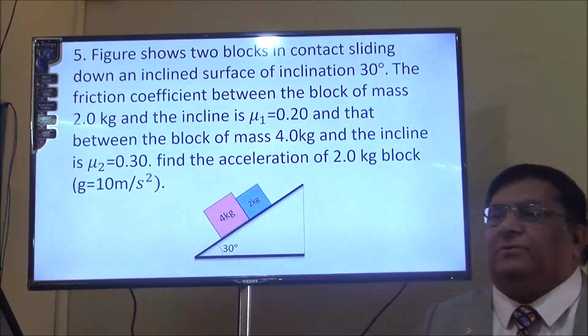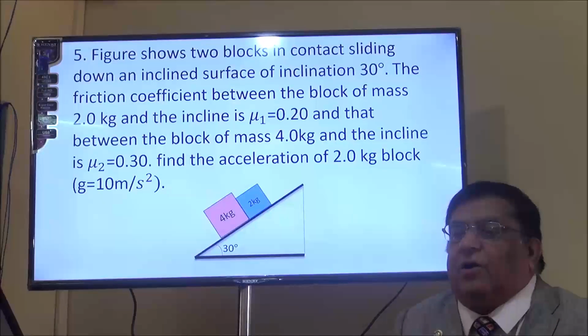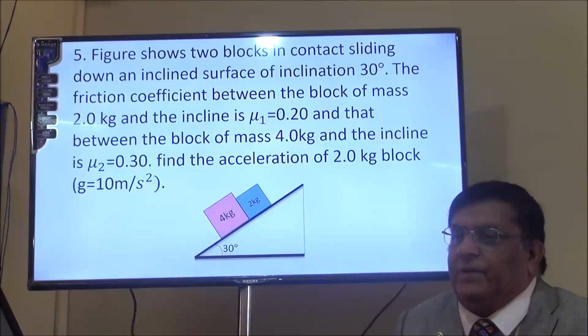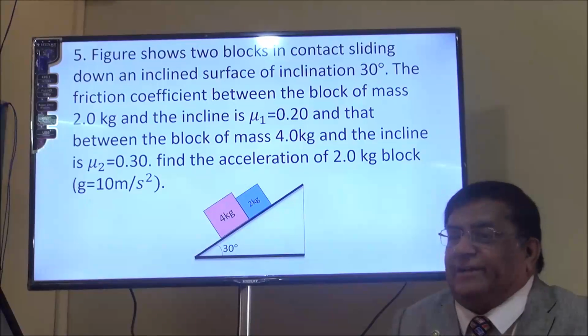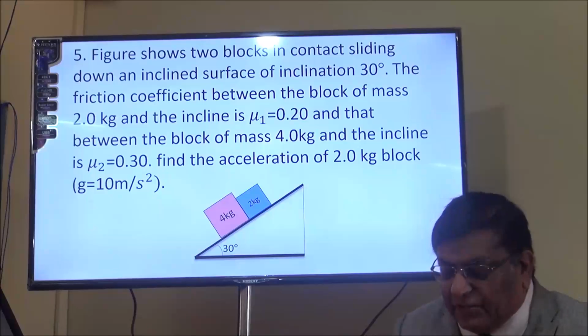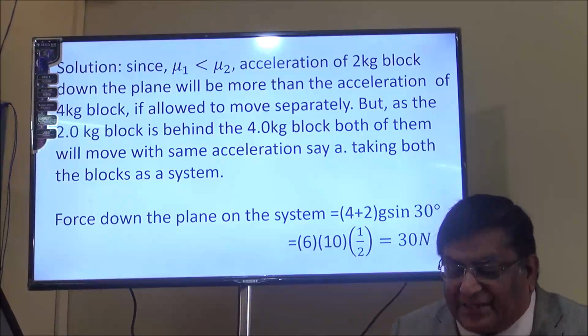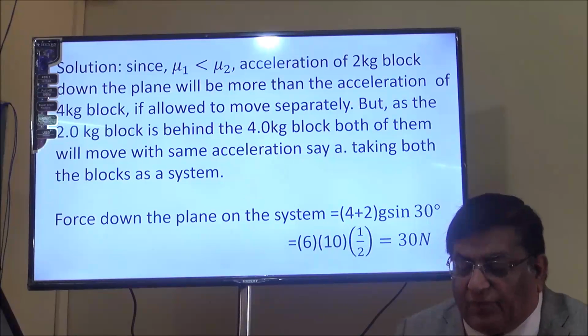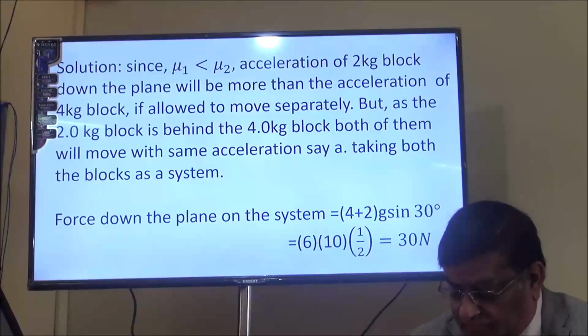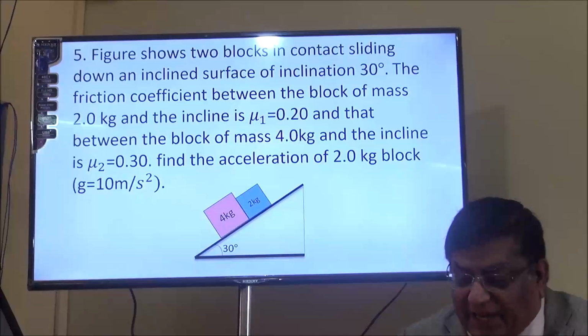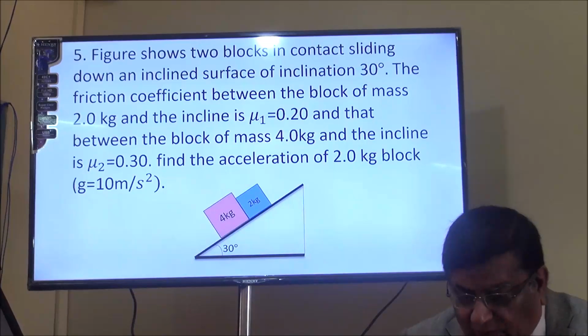How can you find out whether they are moving together or separately? Acceleration. So first we check that. Since mu1 is less than mu2, the acceleration of the 2 kg block will be more. Which friction is larger in the question? mu1 is 0.2, mu2 is 0.3.